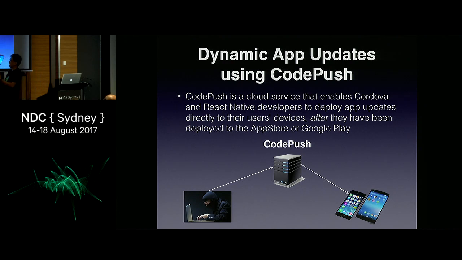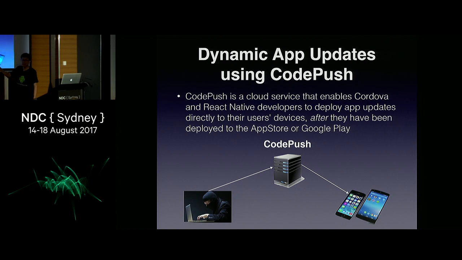After you have deployed your application to the App Store or Google Play, you want to make changes. What you need to do is just modify your code on your side. The reason why I have a ninja here is because you can update your app without letting Apple or Google know. This is pretty cool. So you write your app, you make your changes, and then you pass it on to CodePush.